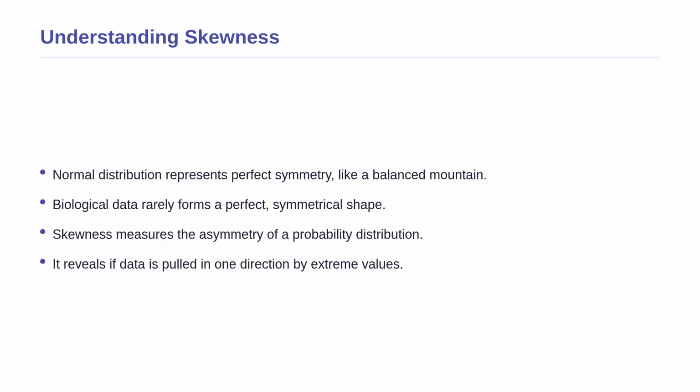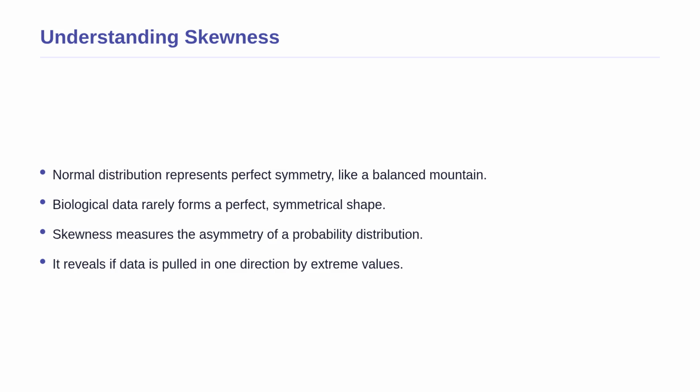Now that we have introduced our topic, let us look at what skewness actually means. Imagine looking at a perfectly symmetrical mountain. In statistics, this represents a normal distribution, where data gathers evenly around the center. However, in biology and medicine, data rarely forms this perfect mountain.